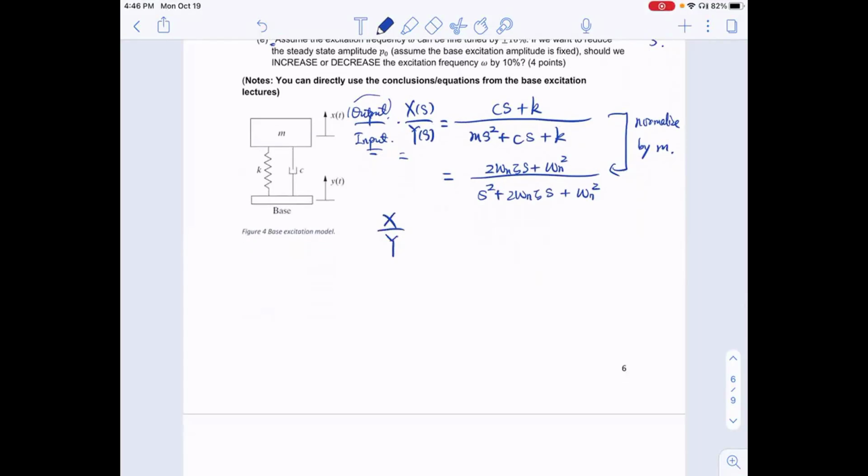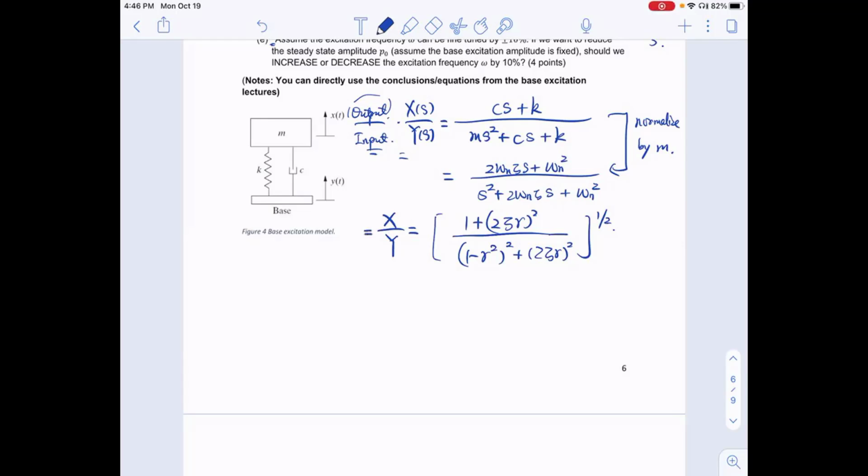So over there we have X over Y, and then it has the square root of 1 plus (2 zeta r) squared over (1 minus r squared) squared plus (2 zeta r) squared. Take a square root. So here, this X over Y, that's the amplitude ratio.